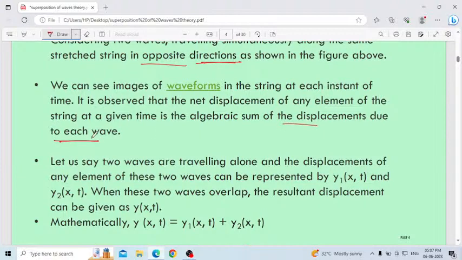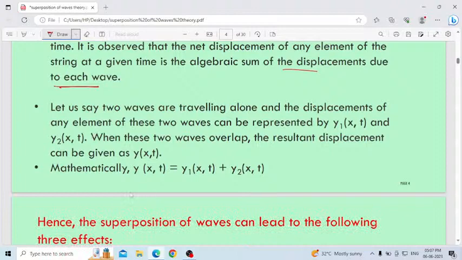I already explained the resultant wave. Consider the displacement y1(x, t). Then y2(x, t). Then the resultant displacement y(x, t) will be equal to y1 plus y2.